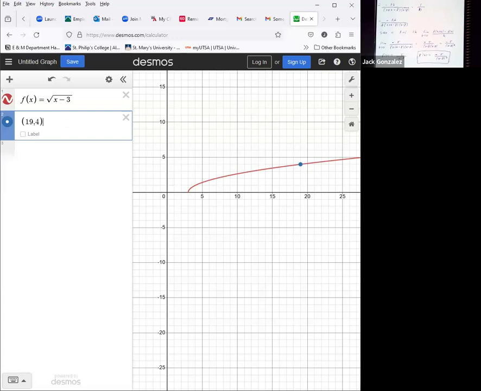We want to find the equation of the line that is tangent at this point. So the equation of this line is what they want. Does that make sense, what we're doing? The derivative will give us the slope of that blue line. That's what the derivative can do for us. It can do quite a few things, but that's what we're using it for right now.